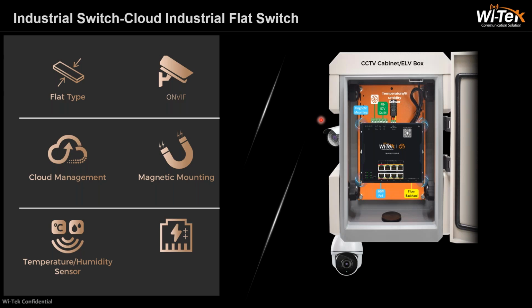Let me introduce a very unique product, the flat type switch. We know that in some IoT boxes you have very limited space, because our flat type switch supports magnetic mounting. We don't have to use screws to fix this device on a board, right? We just put it on the board with the magnet.